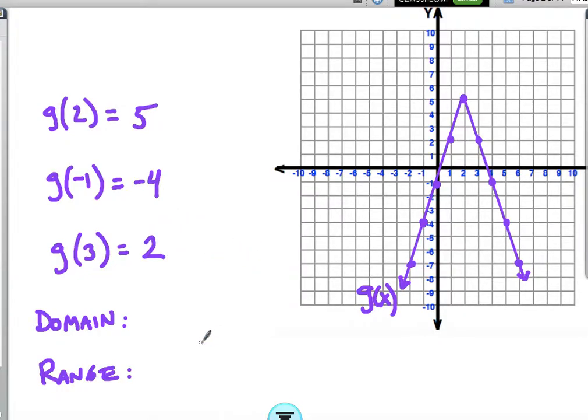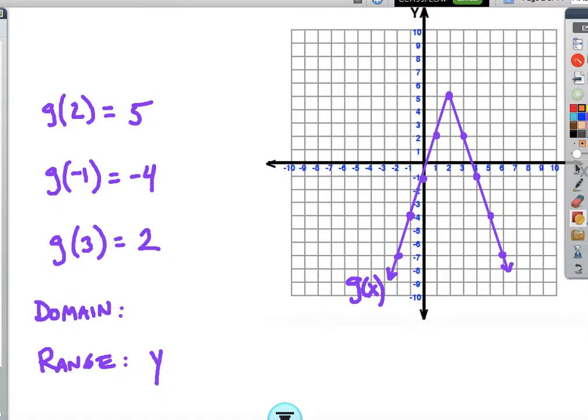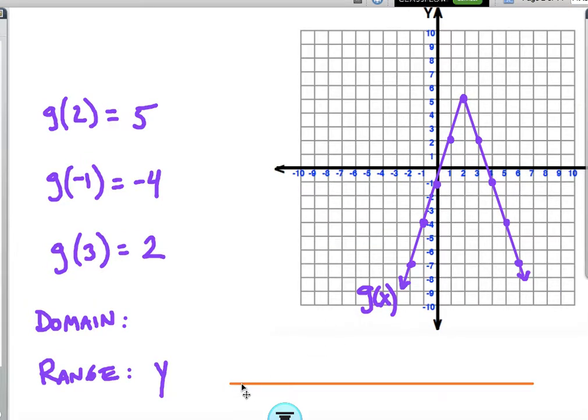Okay. Now let's talk about range again. Remember, range are your y values that you're allowed to have. So remember, if I take a horizontal line, this is just to help you with visualizing. So do you see how there are y values?